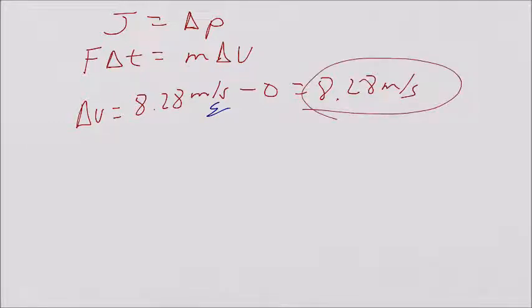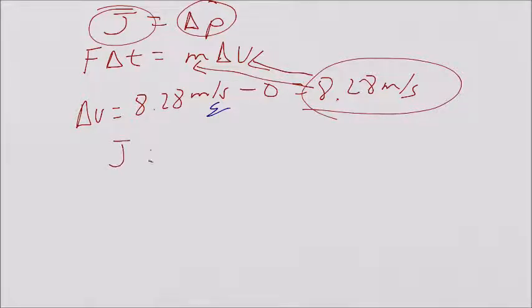We can multiply change in velocity times mass to give us the change in momentum, which is also the impulse. So let's take 8.28 and multiply it by the mass of that cart, which was 0.850, to get an impulse, J, of 7.04. And we can write those units as either newtons times seconds, or equivalently kilogram meters per second.